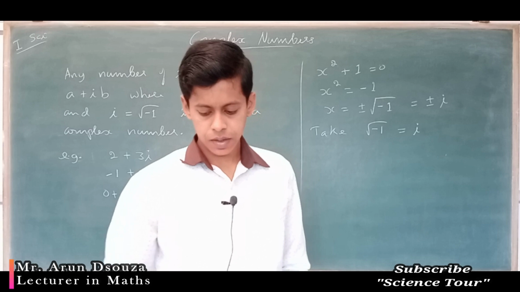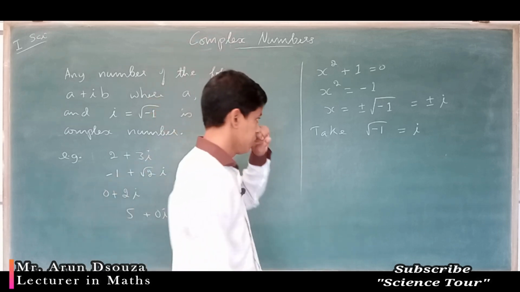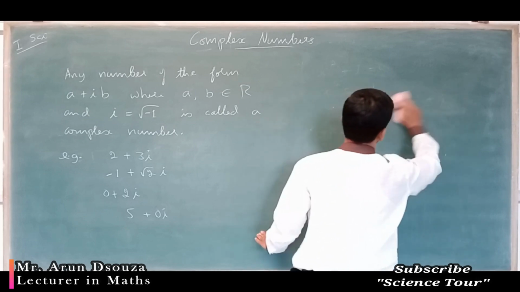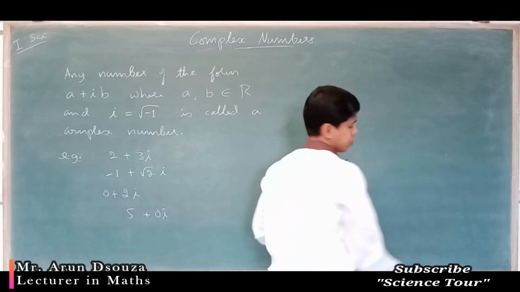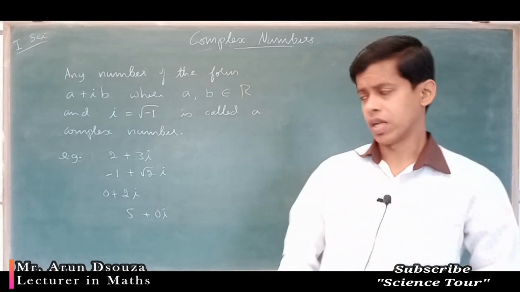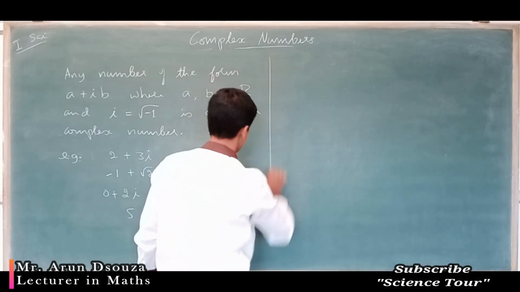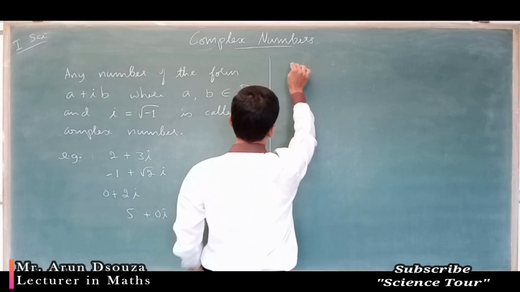Now you have to learn a few terms here. How do we represent a complex number? Usually a complex number is represented by the symbol z.